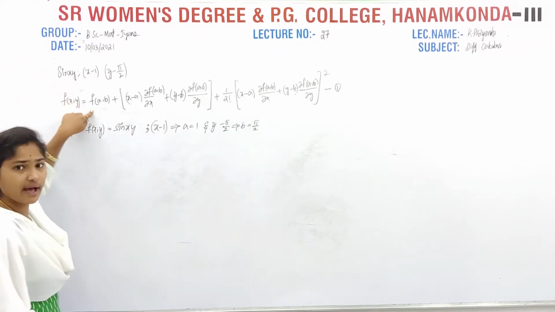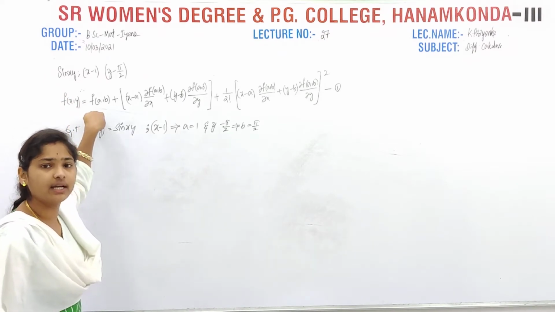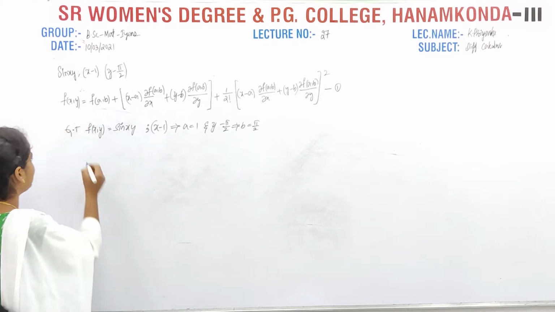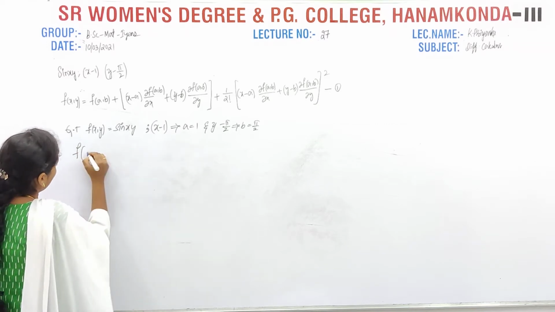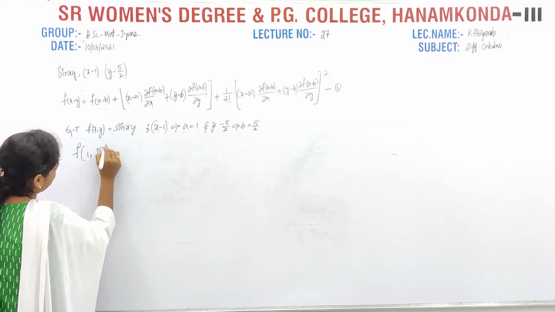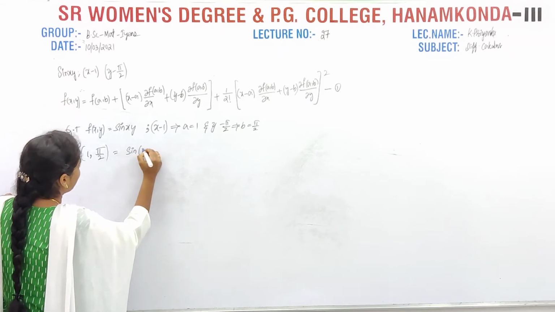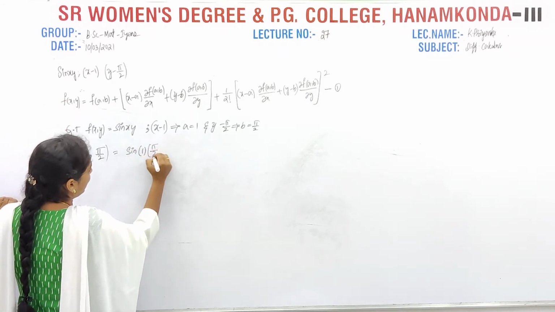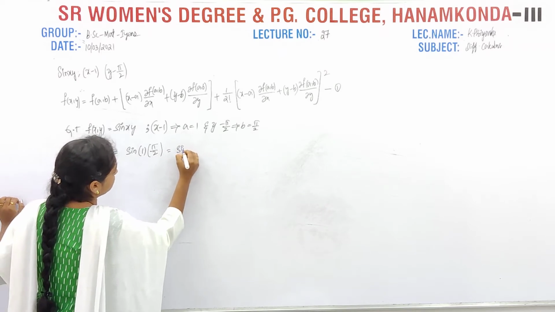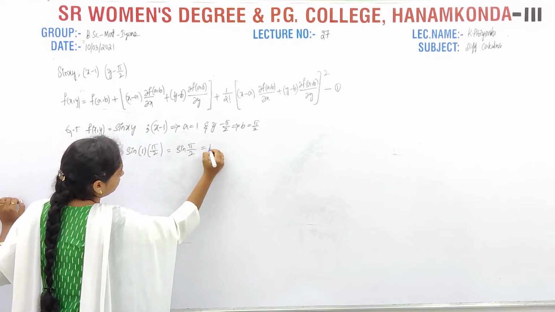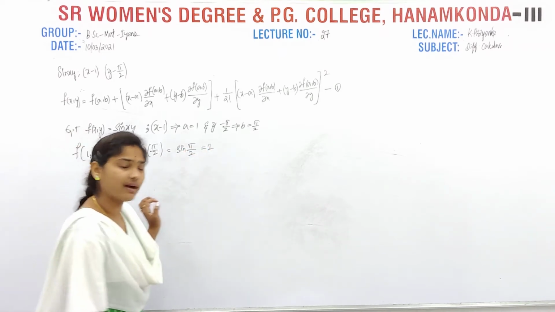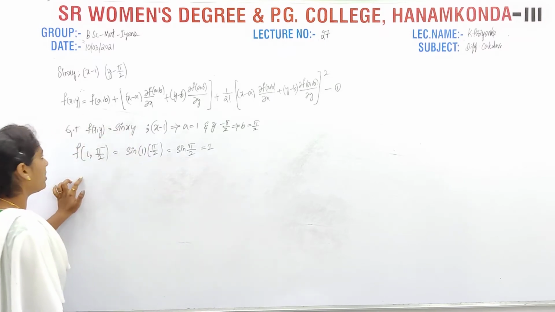First of all, what we have to calculate is f of a comma b, that means f of 1 comma pi by 2. Then simply sine of x is 1, y is pi by 2, sine pi by 2, sine 90, is equal to 1. So now I have the value of f of a comma b.